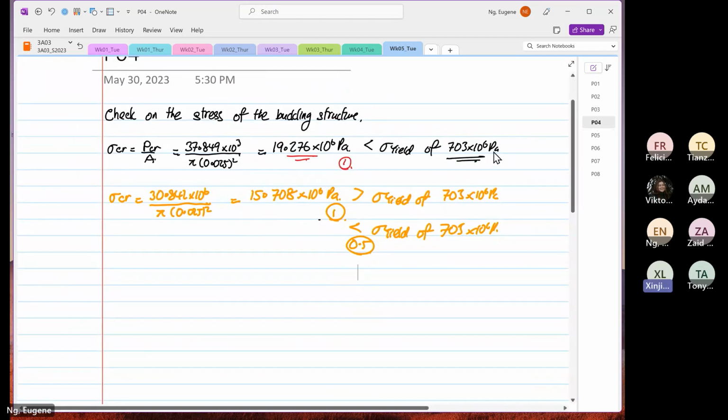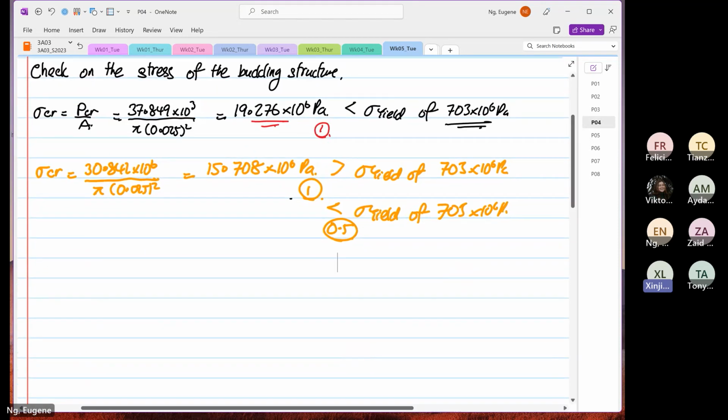Yeah, this one. Why for the first line we can get 1 mark, but the second line we only get half of it? Sorry, this is 10 to the power 9. Oh, okay, that makes sense. Okay, so that's why the first one is 1, the second one is half.